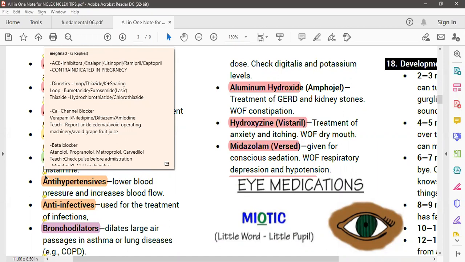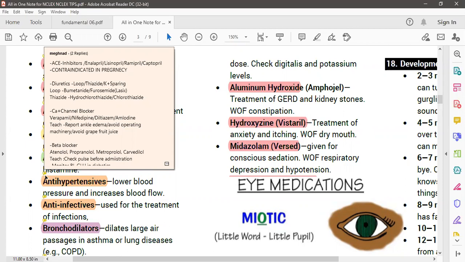So when you prescribe this medication, what is the nursing education or nursing implementation? ACE inhibitors can cause liver function problems or kidney function problems.